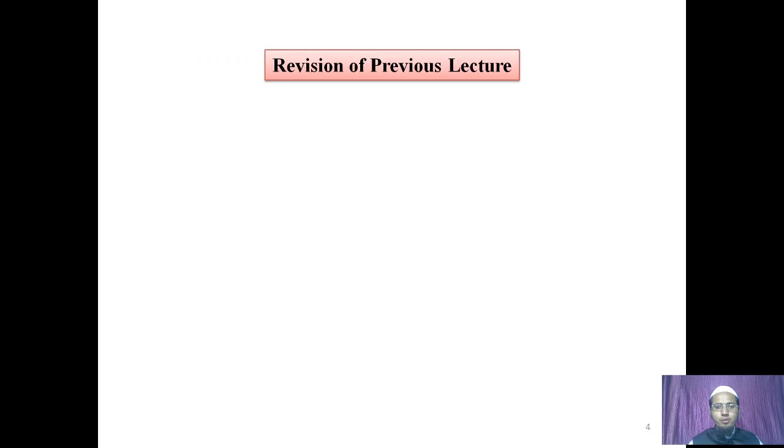Before moving towards today's topic, let's have a revision of the topics we covered in the previous lecture. In the previous lecture, we were discussing strength of bolts and bolted joints, in which we covered shear strength of bolt and bearing strength of bolt. Can anybody answer how to calculate shear strength of bolt? Yes, you are right.